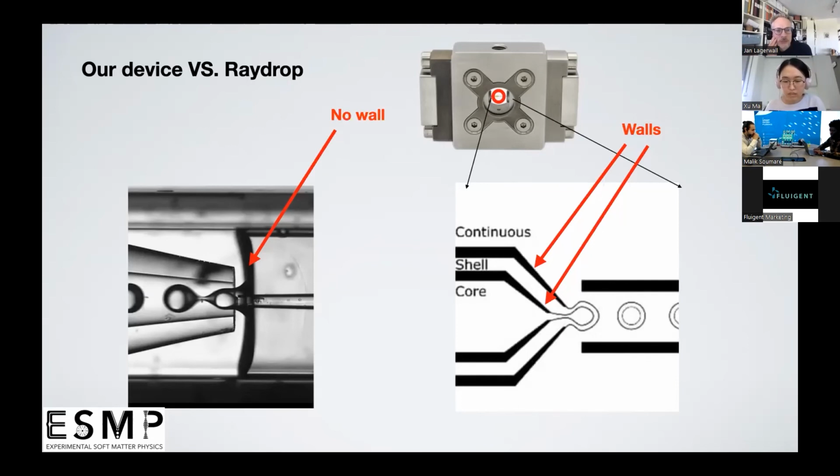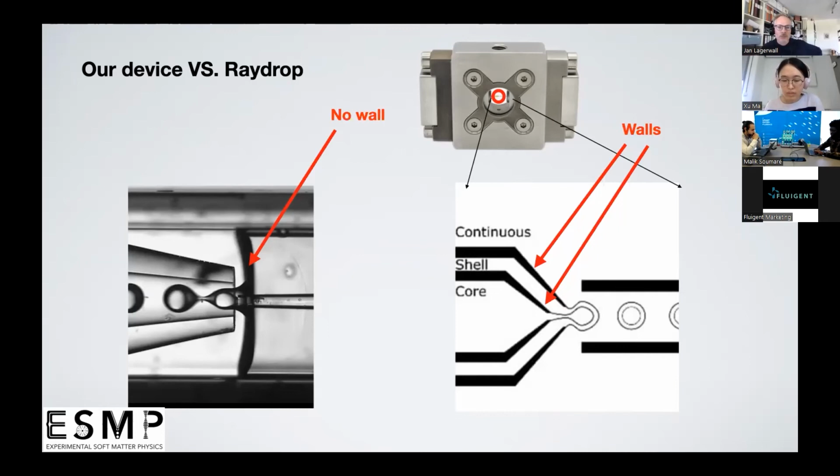And with Rejob, we can make much smaller shells. With the handmade device, we can produce shells with diameter 200 micrometers to 350 micrometers. And with the Rejob device, as I introduced before, the shells can be around 100 micrometers.